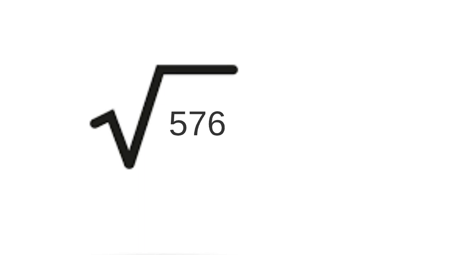You can use calculators and the square root button to figure out that this is 24. You could use trial and error. Like you could try a number like 20. 20 times 20 is 400. Okay, I need to try a bigger number than 20. You could use logic to get there.